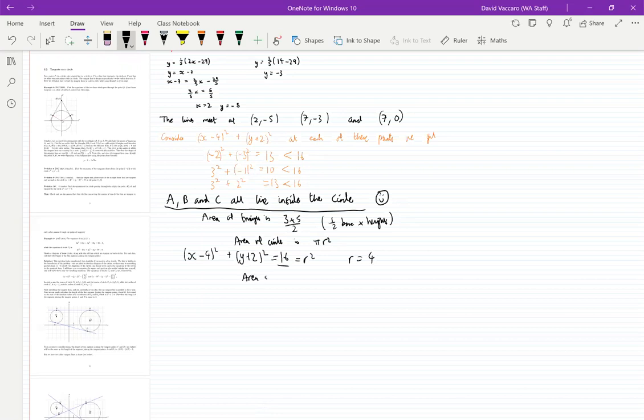So the area of the circle is 16 pi, and then subtracting the area of the triangle gives 16 pi take away 15 over 2.